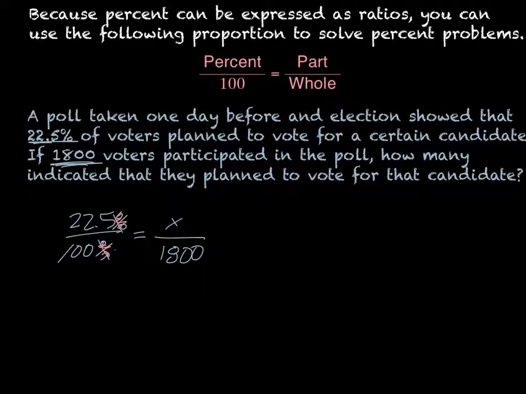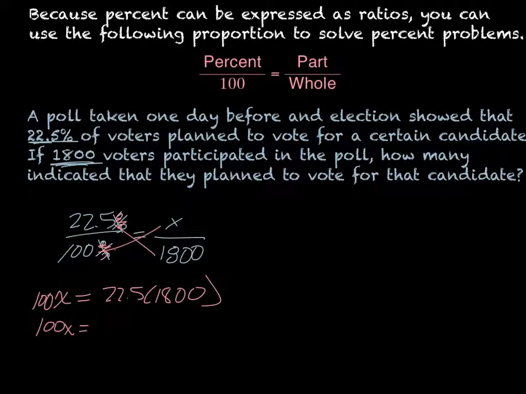So now we're going to cross multiply, and we're going to have 100 times x equals 22.5 times 1,800. So that's going to be 100x equals 40,500. If you type that in the calculator, and then we divide by 100 to solve for x.